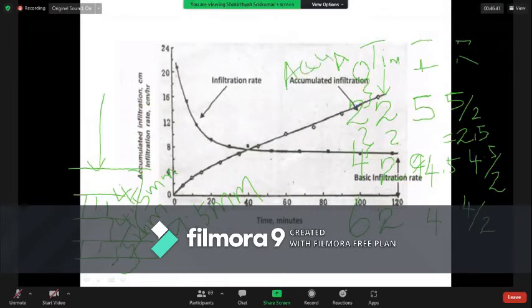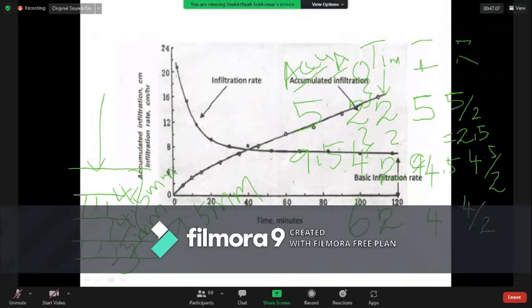So the first reading you can directly put as 5 millimeter. Then the second reading is 5 plus 4.5, it's 9.5 millimeter. Likewise, you have to add and write the values. That is called accumulated infiltration. The accumulated time we can do like that as well.